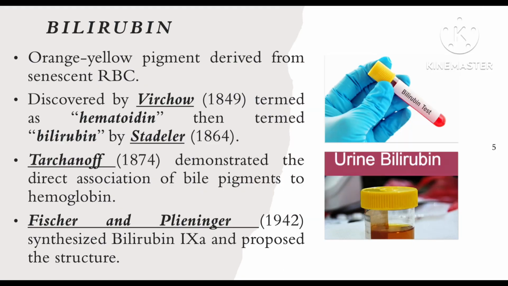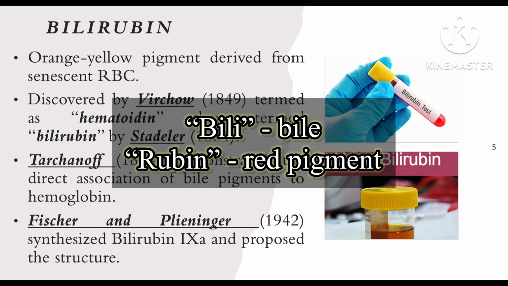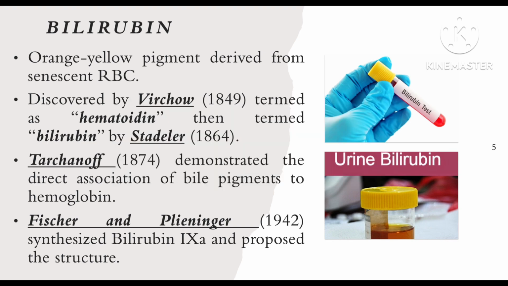Next is Stadler. Stadler is a German chemist who gave the pigment its current name, bilirubin, combining bili, meaning bile, and rubin, meaning red. He identified that the pigment Virchow had found was the same one found in bile.